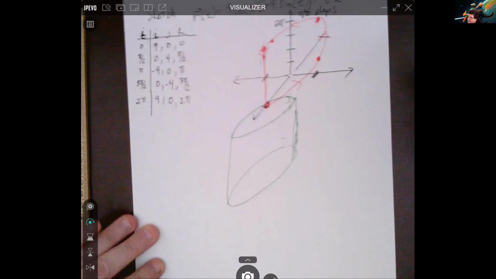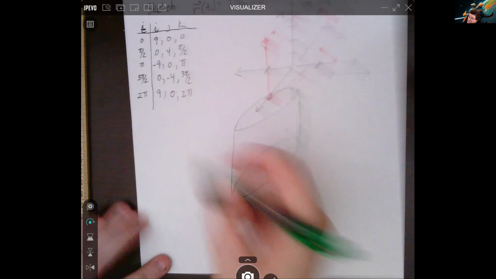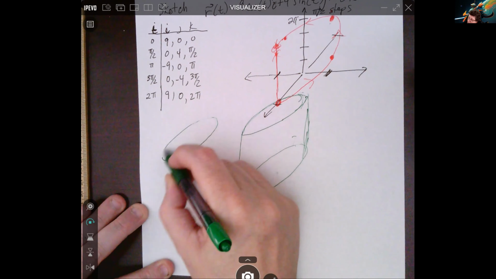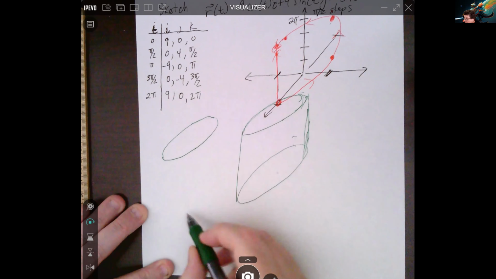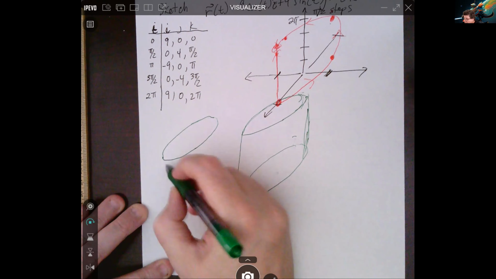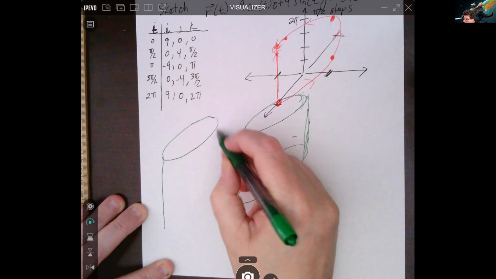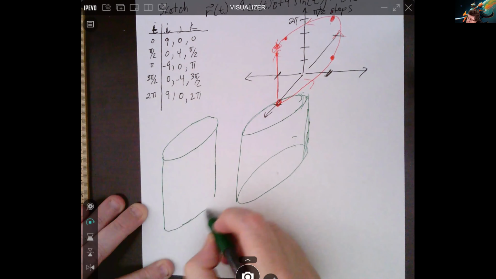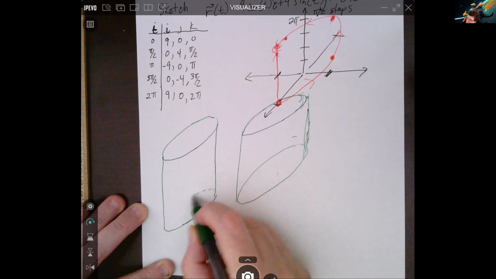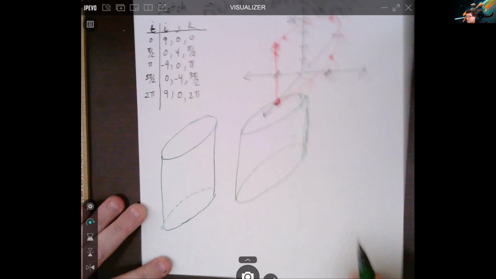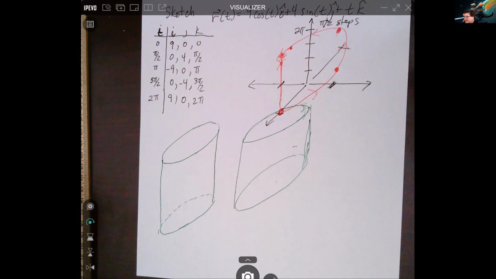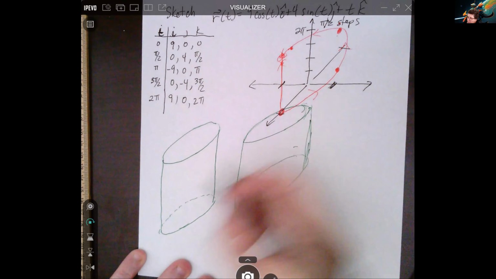Let's try that again. Okay, that's got an elliptic, or like a cylindrical shape.